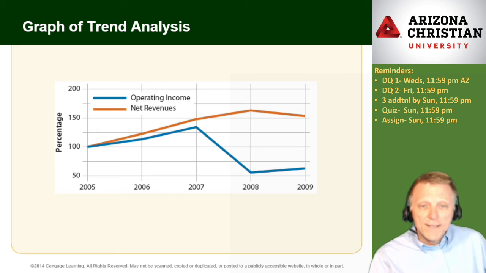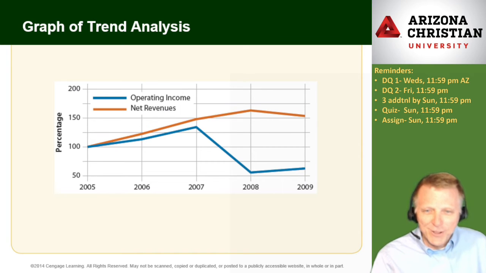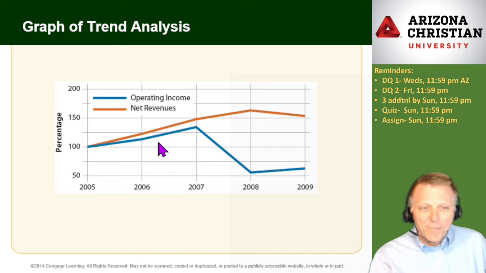Hopefully, as net revenues increase, the operating income tends to track along. Maybe it's down a little bit because you have to factor in expenses and that sort of thing. But anyways, it should be trending up along with net revenues. But not in this case. Take a look at 2008. There was some sort of major expense hit. Something big happened. I'm thinking it was probably the 2008 recession. In fact, I'm pretty sure it was.